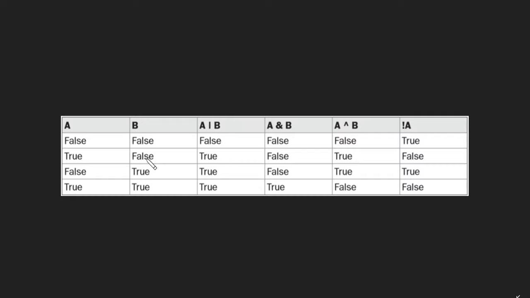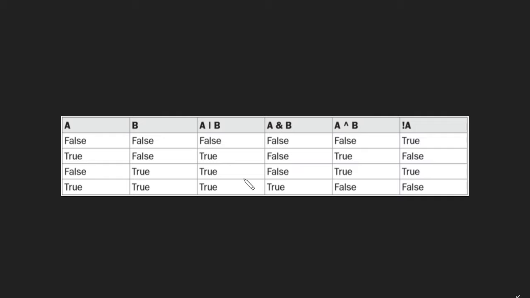There is no need to check the right hand side expression. Whether it's false or true, no matter, it always returns true. So here true or false returns true, and true or true returns true. In the same way, in case of AND, if the first one is false, then there is no need to check the other one. Whether it is false or true, no matter, the result will be false.